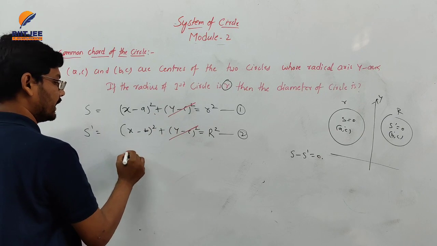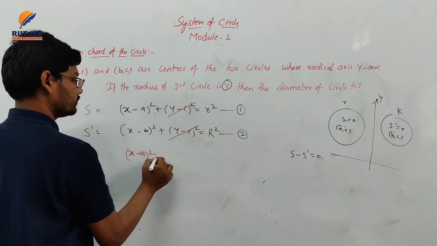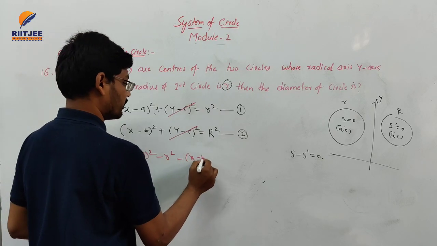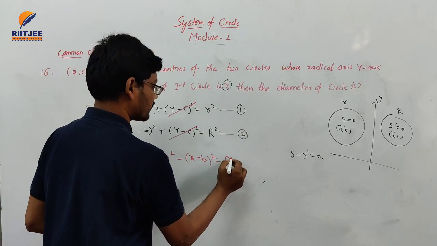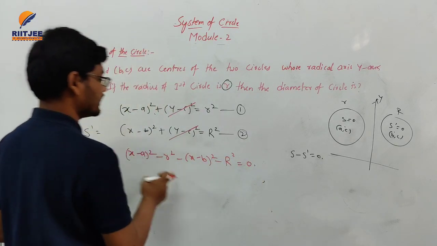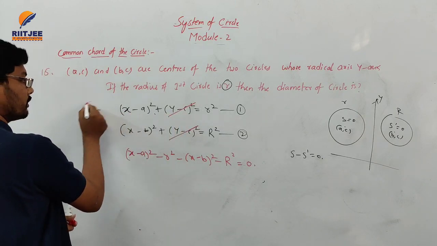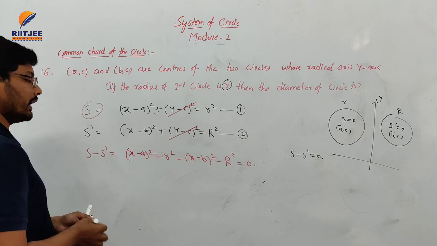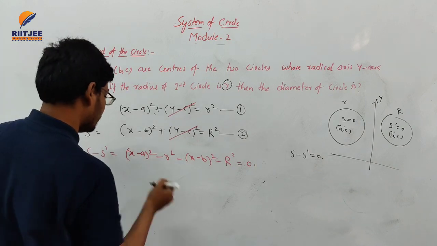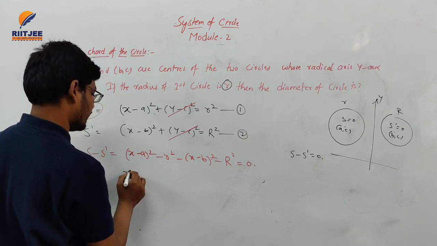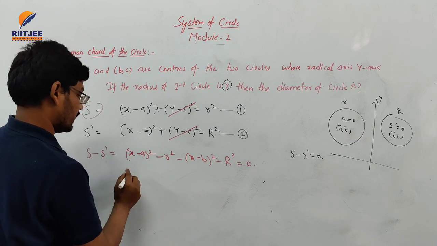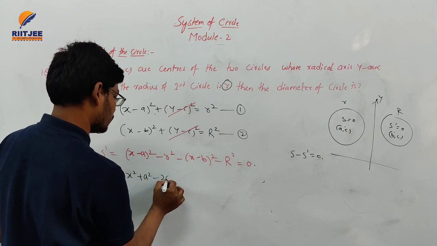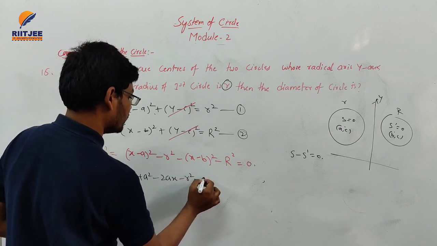If you subtract directly, x minus a whole square minus r square, next, x minus b whole square minus capital R square is equal to 0. This is the condition; we subtract S minus S dash. Now expand here: x square plus a square minus 2ax minus r square.